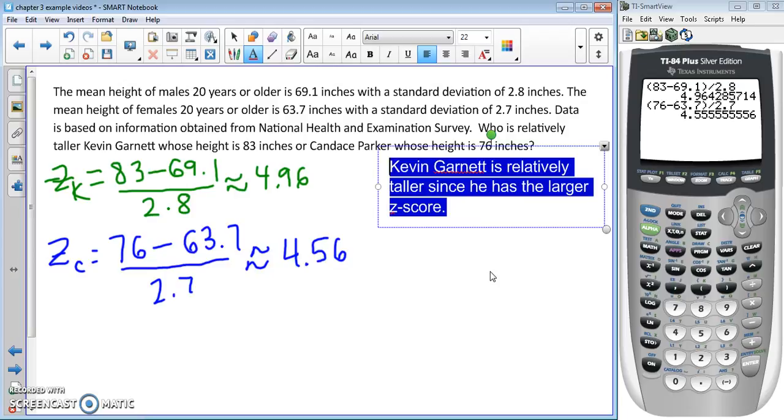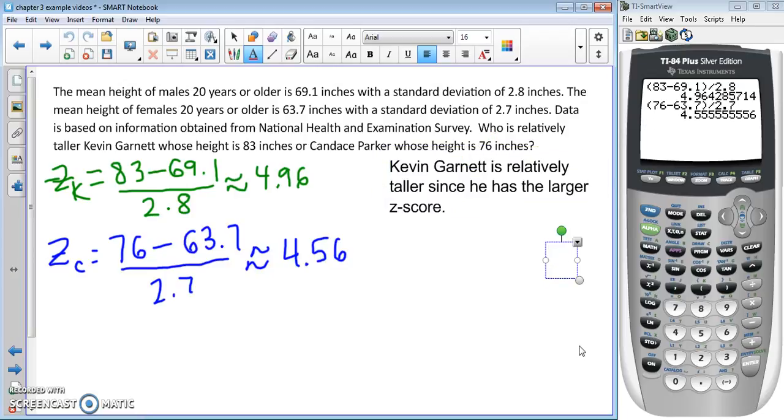So that means that he's taller there. So just make sure you're reading these problems really carefully. It may have asked who was relatively shorter, and both of those are extremely tall in context, but be careful with the wording there. They may trick you up, so just be really careful with the problems there. So that explains how to use z-scores in problems.